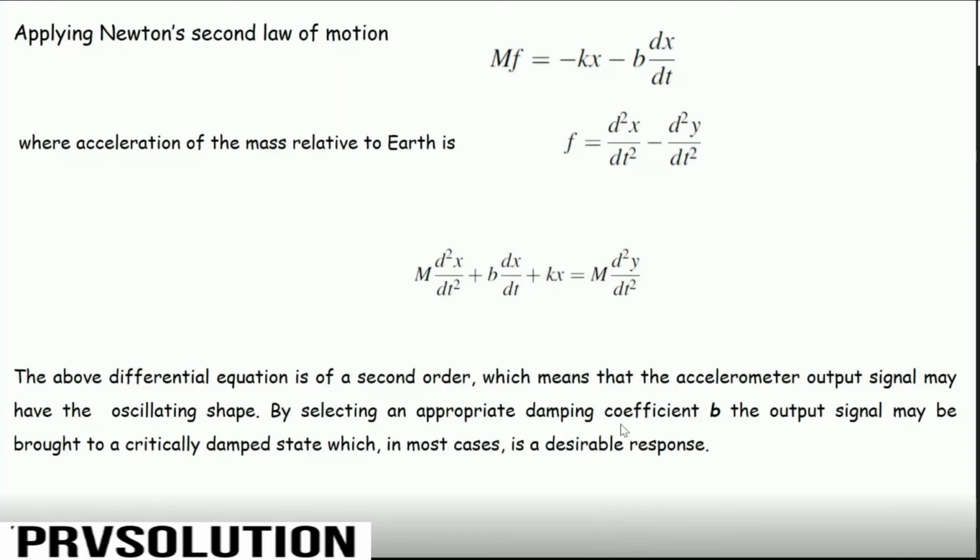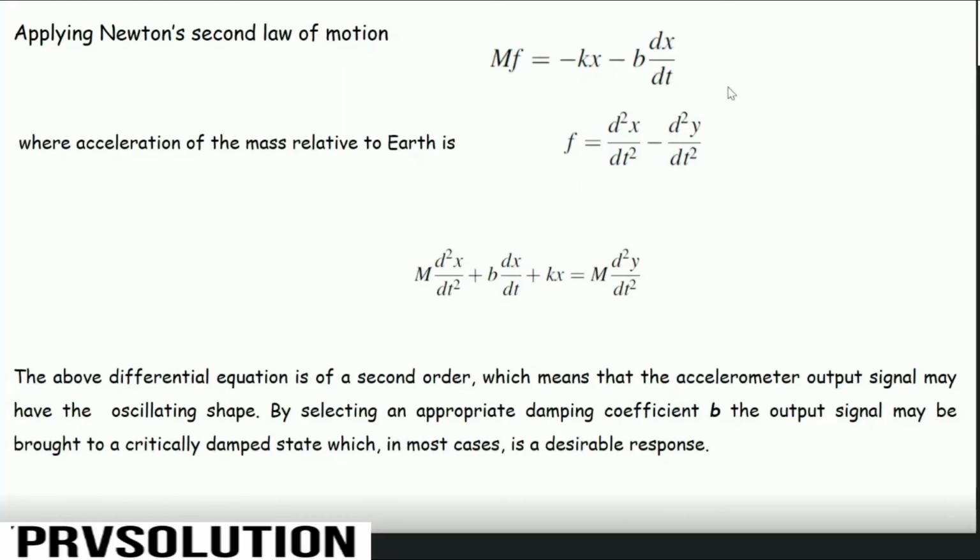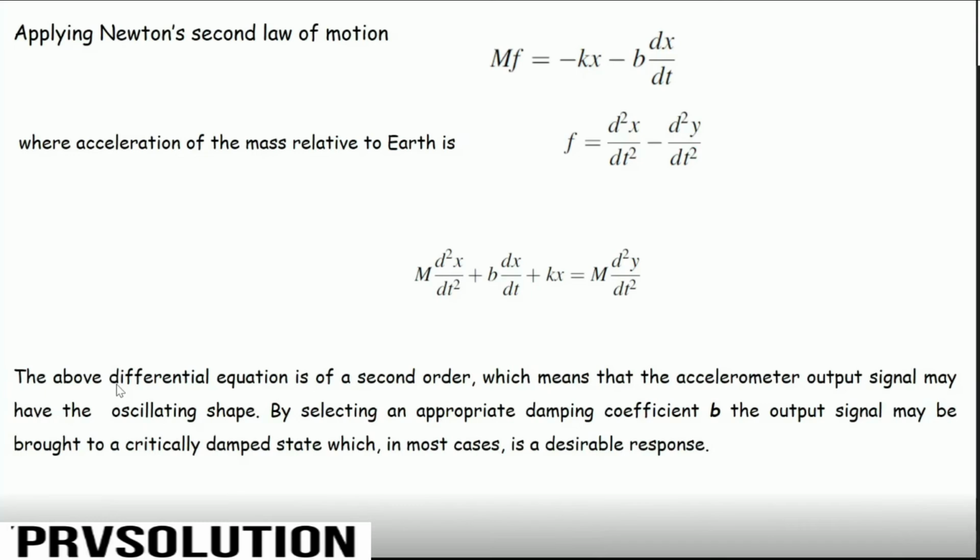Please don't worry about the mathematical expression; I just took it to explain the dynamics of mechanical elements. After putting this value in the equation and equalizing these two forces, we get a quadratic type of equation.